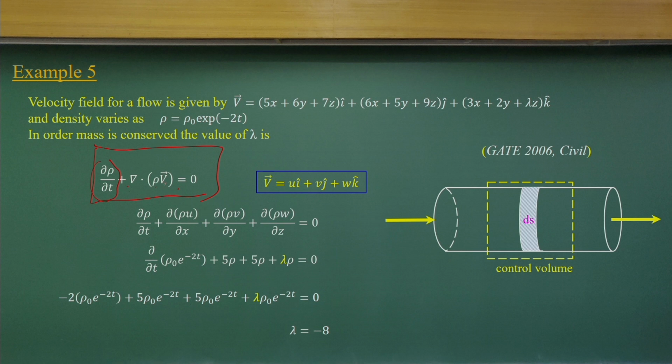This rho times v product gives rho u, rho v, rho w as scalar components.